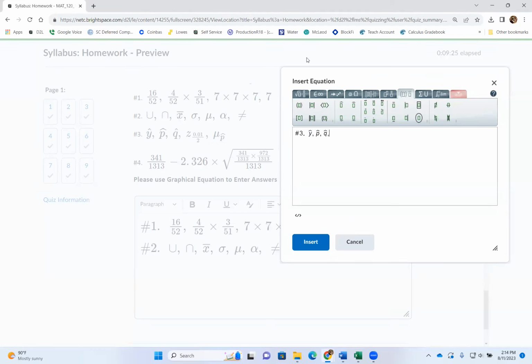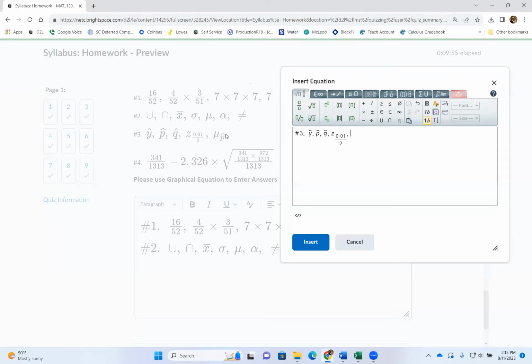So arrow key, comma, space, Z sub. So this is called Z sub 0.01 divided by 2. So let's go back to the first tab. All right, letter Z first, subscript, and open a fraction, 0.01, go down, 2. All right, put the cursor right next to all this. See the big cursor is put right next to it, or use the arrow key to come to the very right, comma, space.